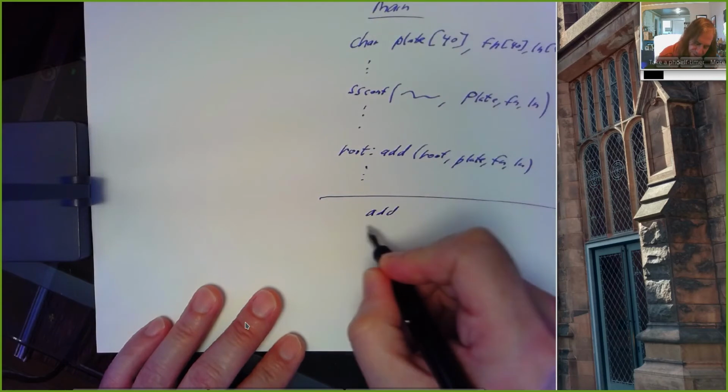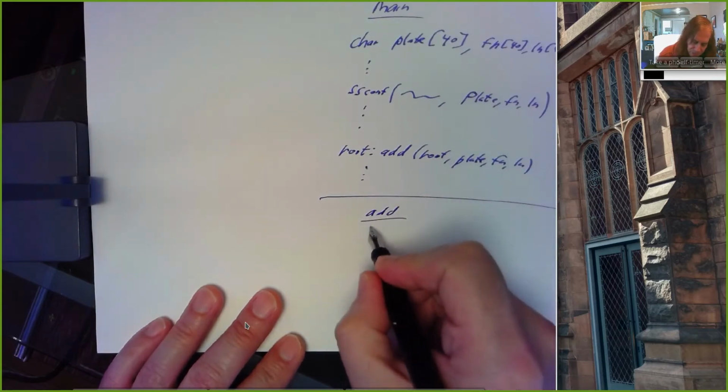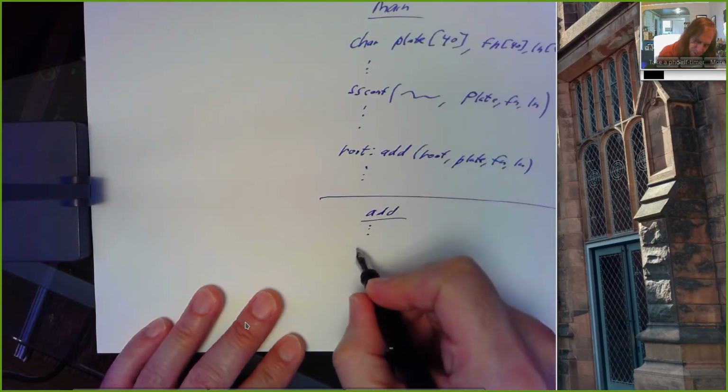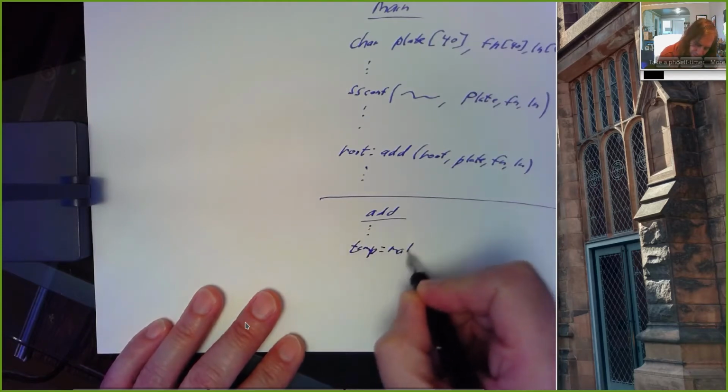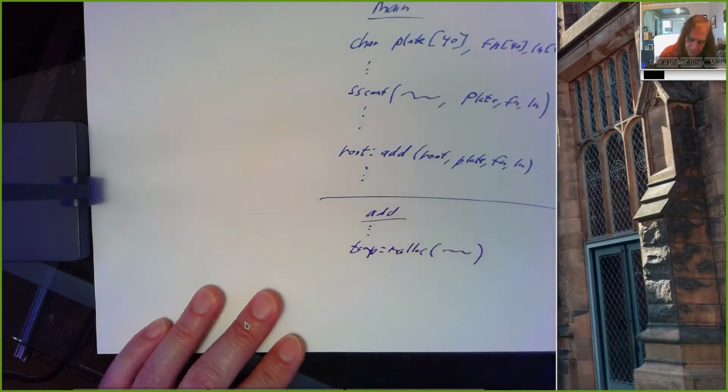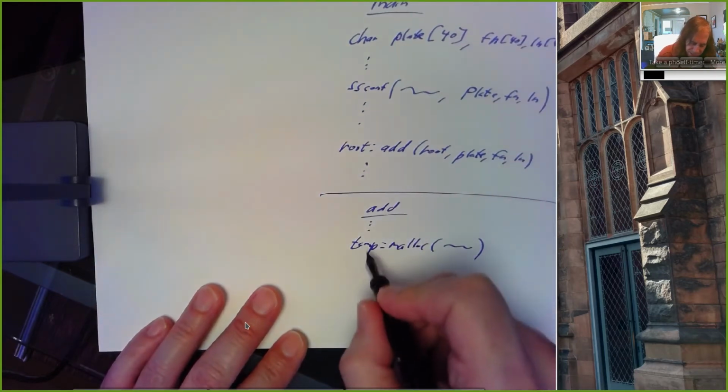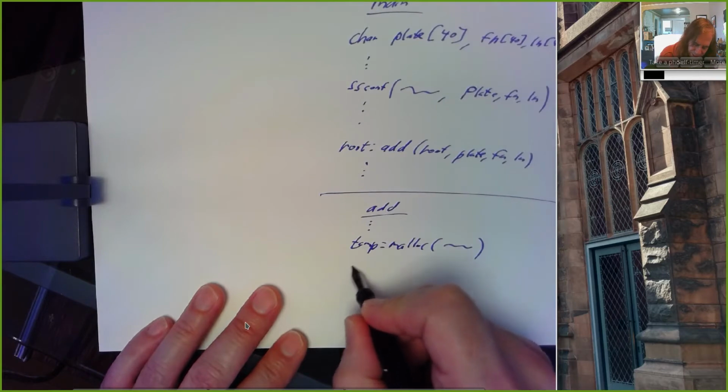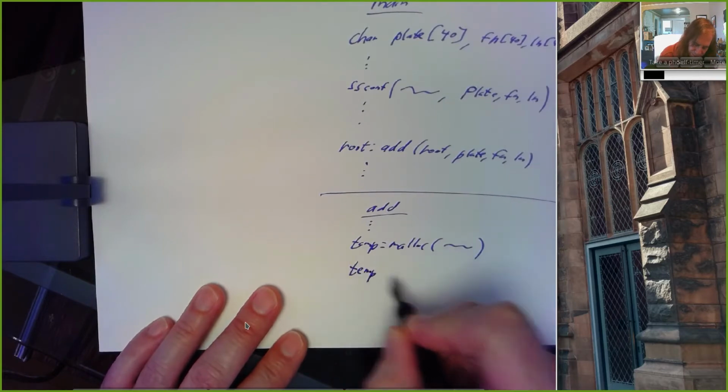And your add function will do some kind of allocation. And it's natural to try to do something like this.